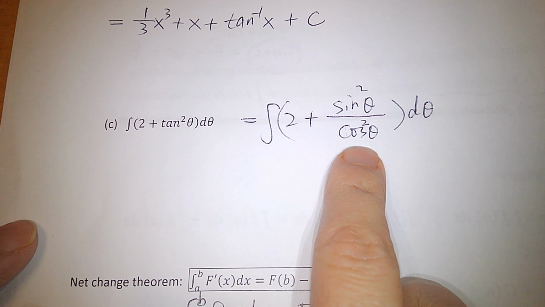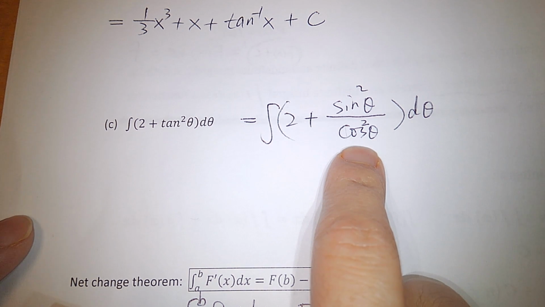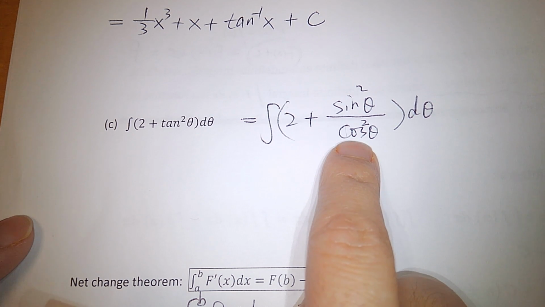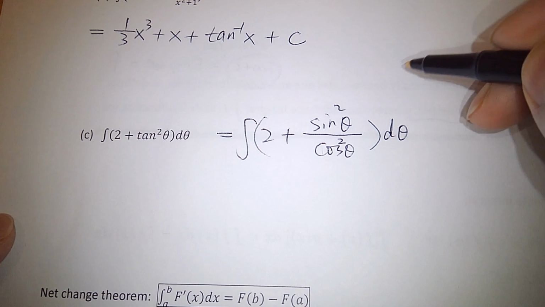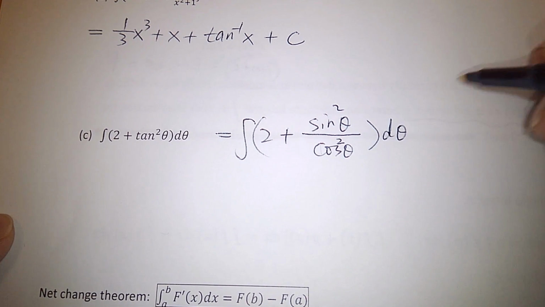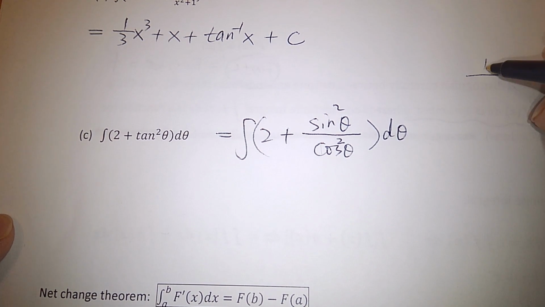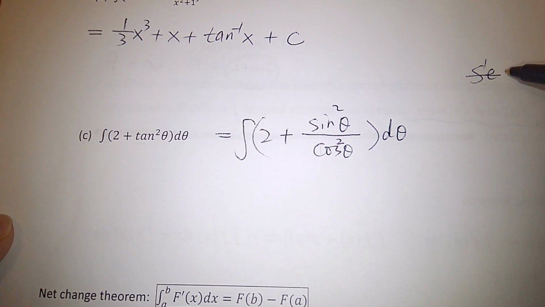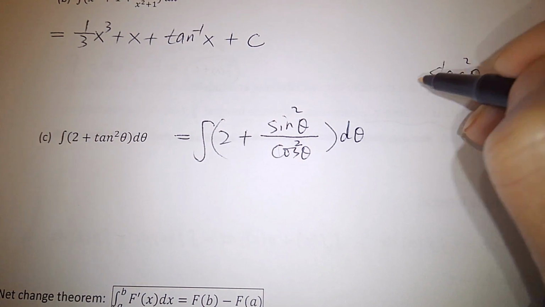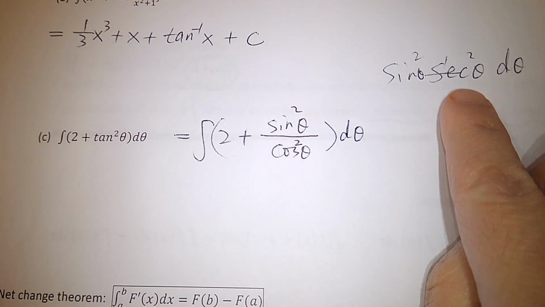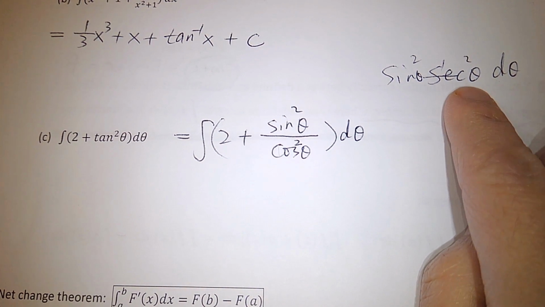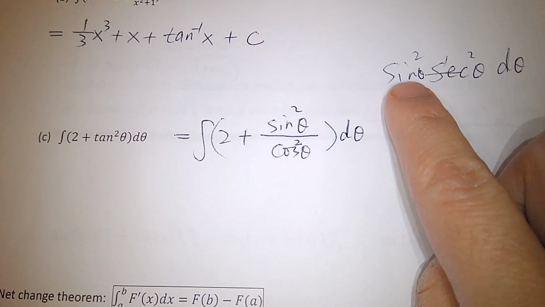Then you can rewrite the cosine as 1 over secant squared, and you get the derivative of that, because we have the antiderivative of that. If we want to rewrite 1 over cosine theta squared as secant theta squared, we still have a sine theta squared there. So sine times secant theta squared, what is the antiderivative for this?